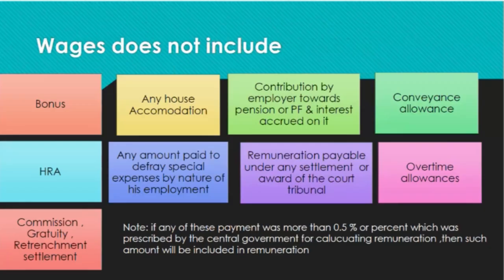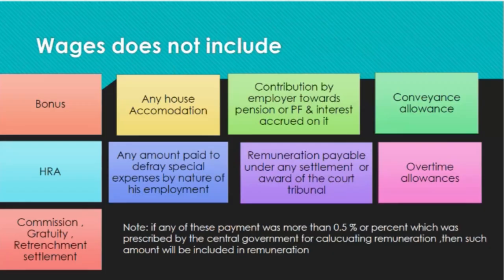Wages, ideally, will include basic pay, DA, retention allowance, cash value of food concessions. இந்த நாலு தான், just like how we saw in EPF, it includes these four things only. It excludes bonus, PF, pension, conveyance allowance, traveling allowance, HRA, any house accommodation provided in kind.